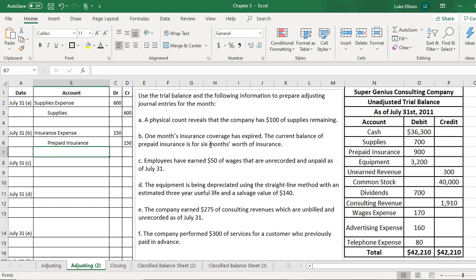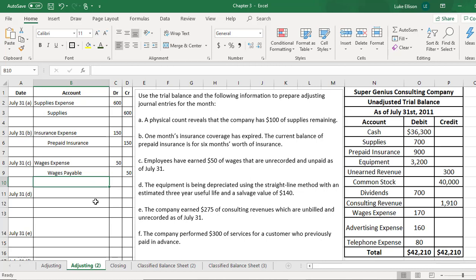So we know that the employees have worked $50 worth of wages, but they haven't been paid yet. So this is an expense to our business, so we're going to call that wages expense for $50. But since we haven't paid them yet, we're not going to use cash. We're going to use another account, which is wages payable. And that just recognizes that we're going to pay those employees at a later date.